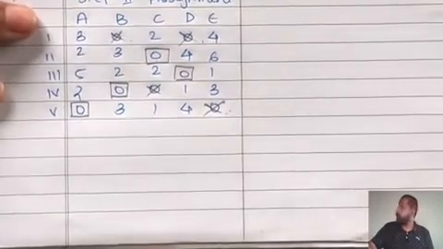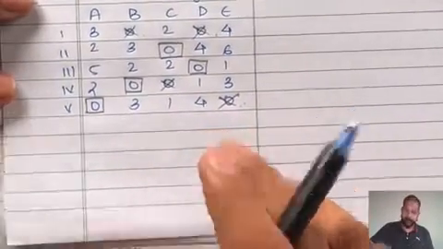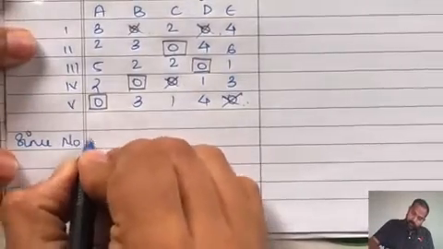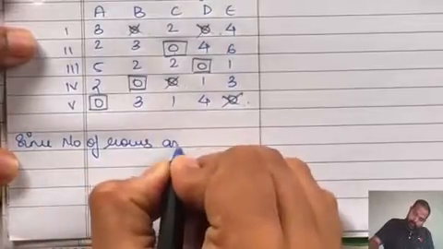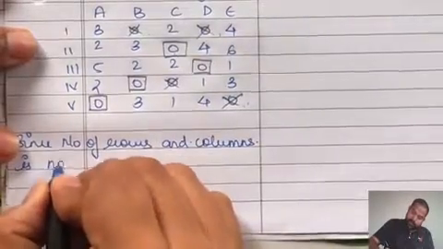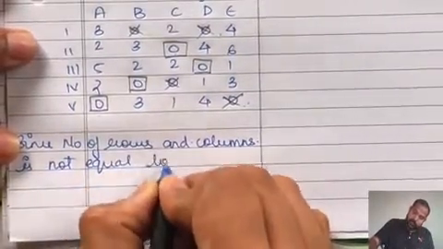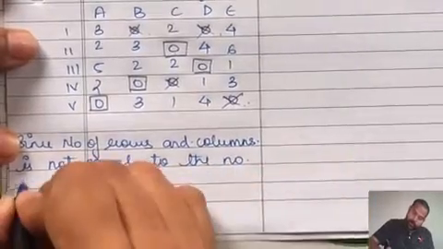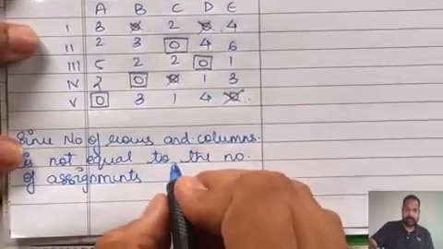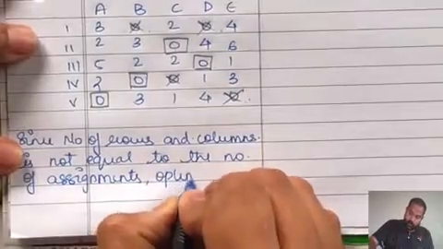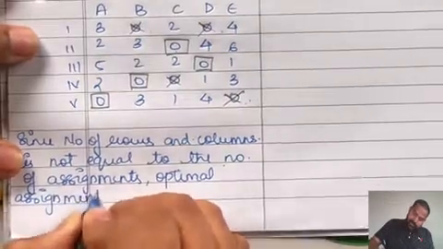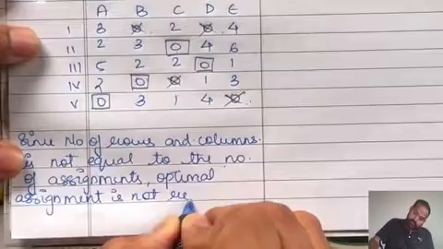Have you gotten the number of assignments that you need? Well, no. Then do one thing, go back and tell them that since number of rows and columns is not equal to the number of assignments, optimal assignment is not reached.